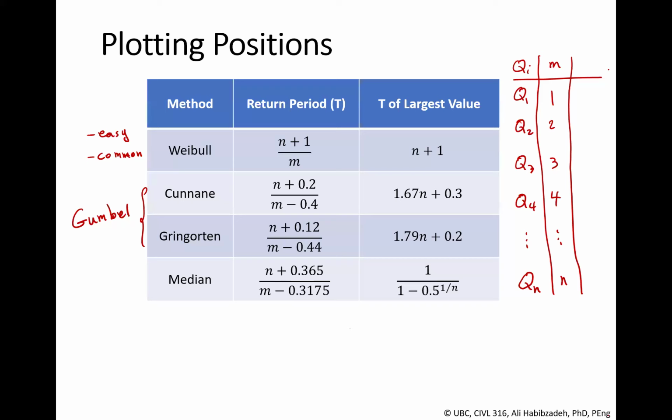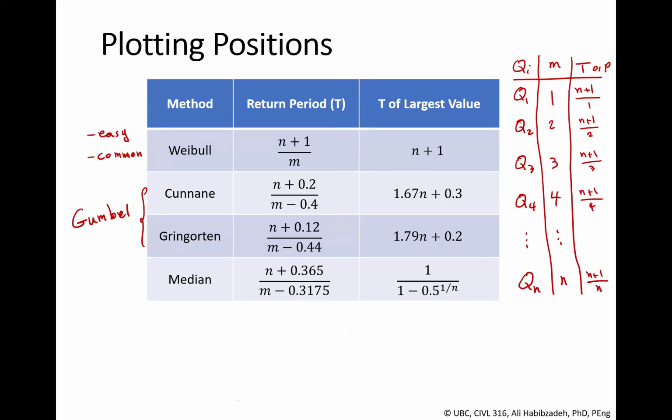And now I'm going to calculate T or P. Doesn't matter. And this is, again, referring to the table, it's always n plus 1 over m. So n plus 1 over 1, n plus 1 over 2, n plus 1 over 3, n plus 1 over 4, n plus 1 over n.